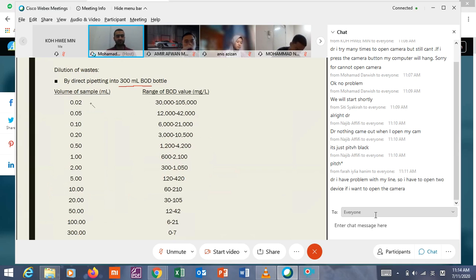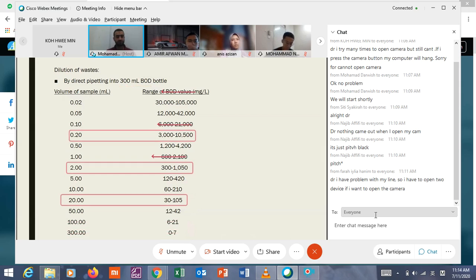If the initial volume of the sample was, for example, 0.2 ml, you can see here how the volume of the sample changes the range of the BOD value.